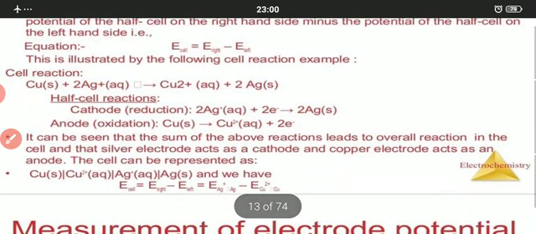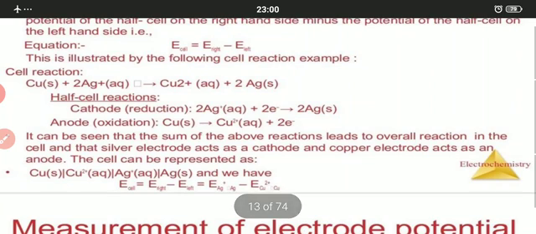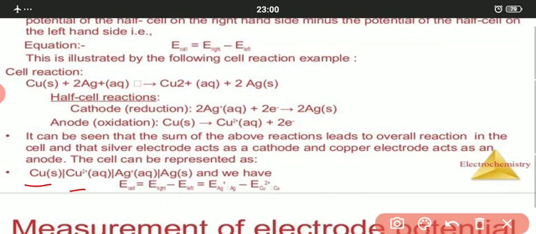If we want to write this chemical reaction in cell form, how can the cell be represented? First the oxidizing electrode, the anode: Cu solid, Cu+2, double line, Ag+, Ag solid.